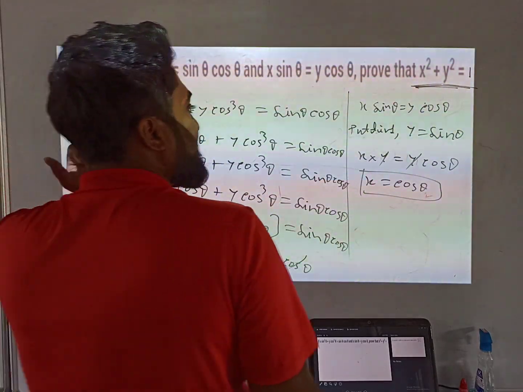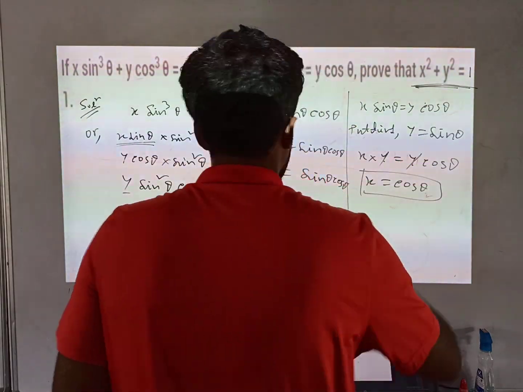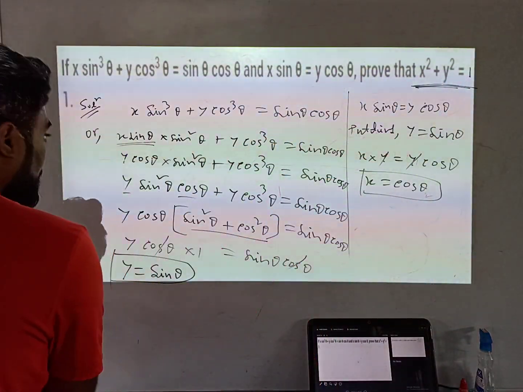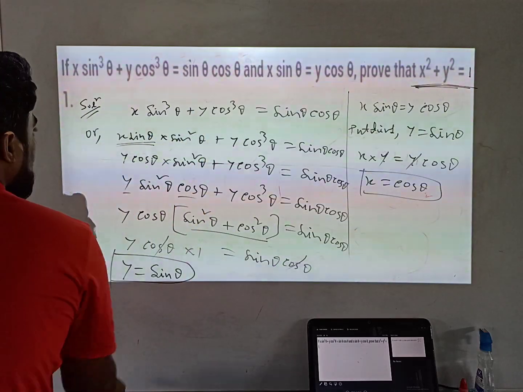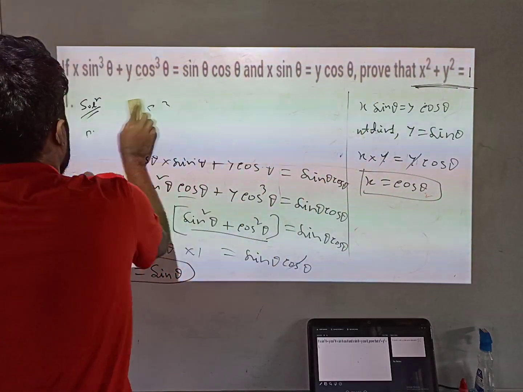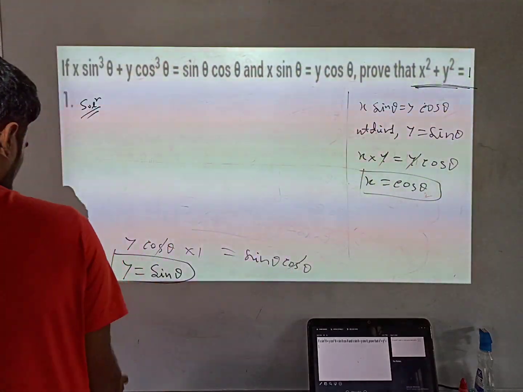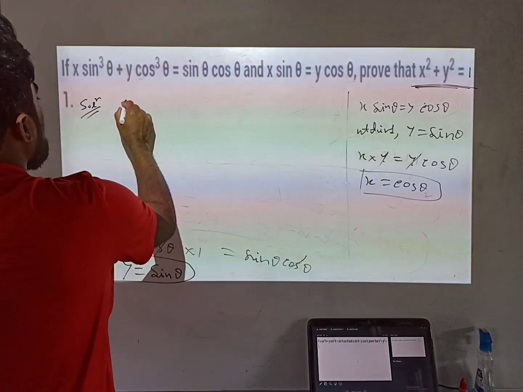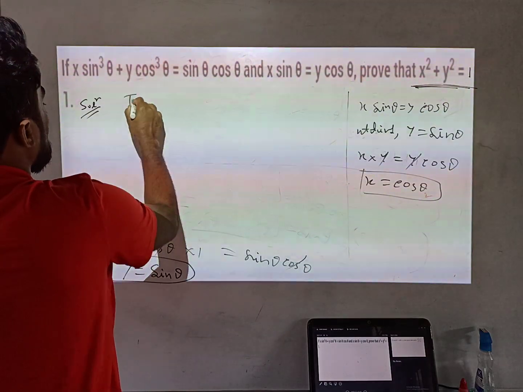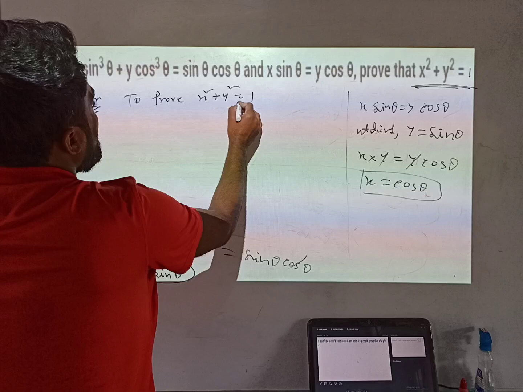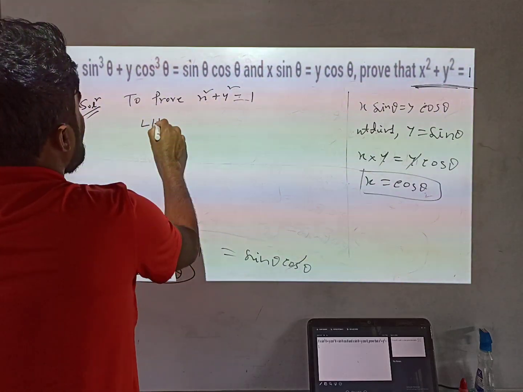So now it is very easy to prove that x square plus y square equals 1, because if I square it, I will erase this part. So to prove x square plus y square equals 1, I will take the left hand side.